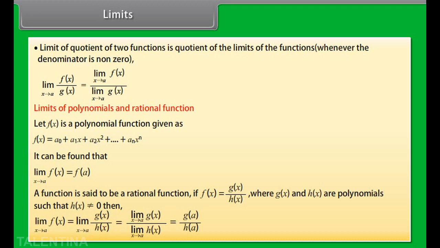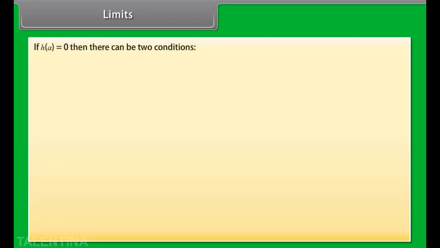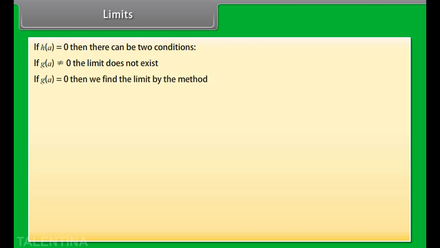Then limit x tends to a of f(x) is equal to limit x tends to a of g(x) by h(x) is equal to limit x tends to a of g(x) by limit x tends to a of h(x) is equal to g(a) by h(a). If h(a) is equal to 0, then there can be two conditions. If g(a) not equals to 0, the limit does not exist. If g(a) is equal to 0, then we find the limit by the method.